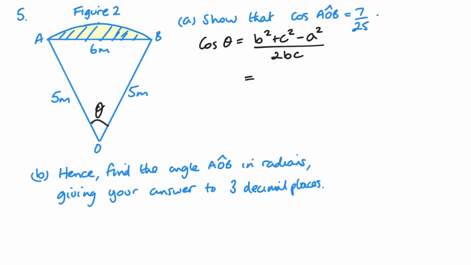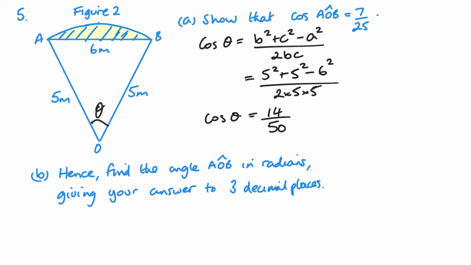Now b squared and c squared are going to be my 5s, because the a squared is always opposite that angle. So that's the 6. So cos theta equals, and we get 14 on the top, 50 on the bottom.